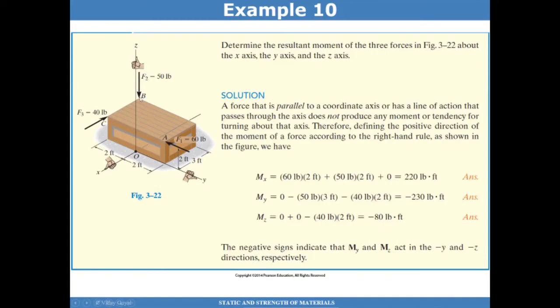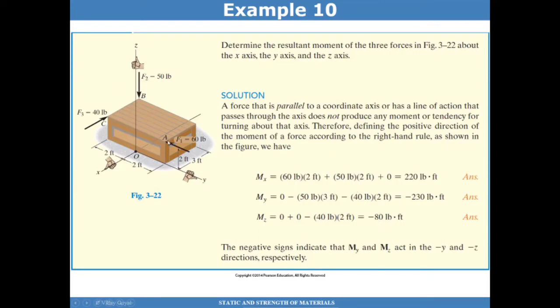The F2 load, which is 50 pounds, is 2 feet away from the x-axis. That will produce a moment in the positive x direction, and that's going to be 50 pounds times this distance of 2 feet. That's the second term right here.